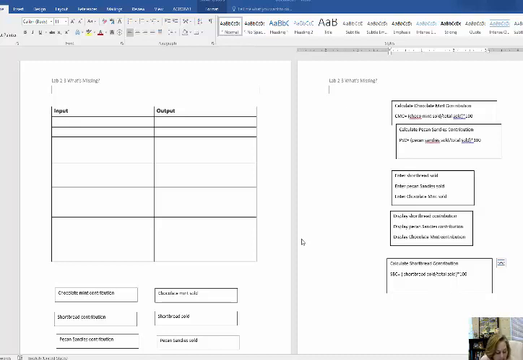A local club sells boxes of 3 types of cookies: shortbread, pecan sandies, and chocolate mint. The club leader wants a program that displays the percentage that each of the cookie types contributes to the total cookie sales.